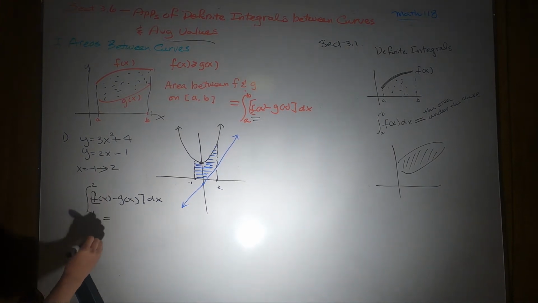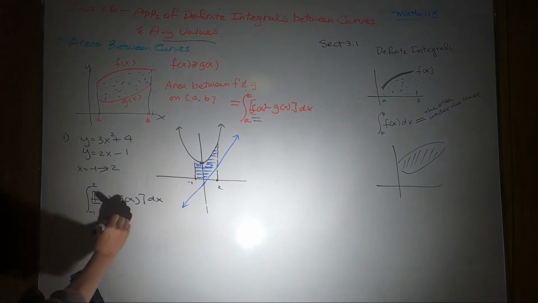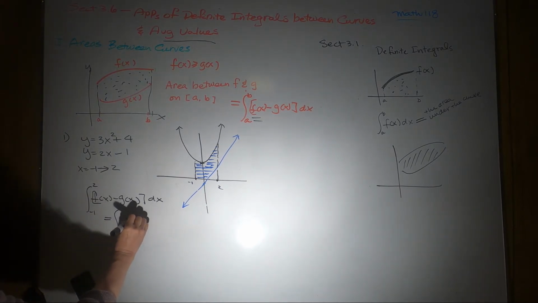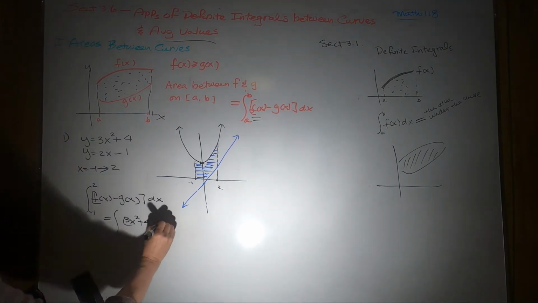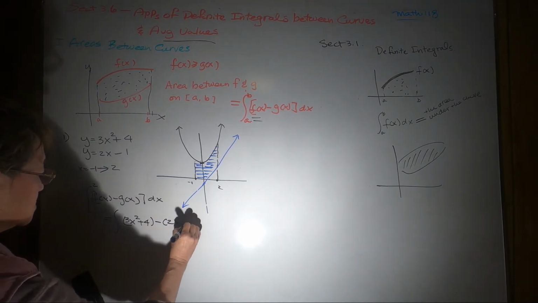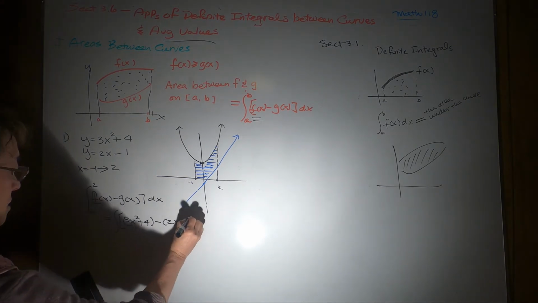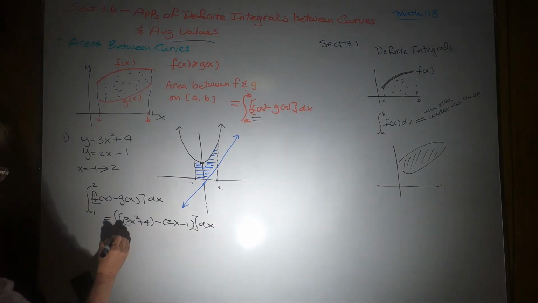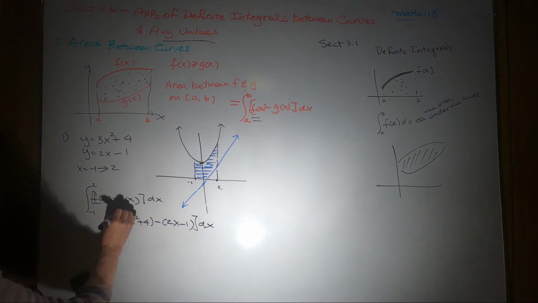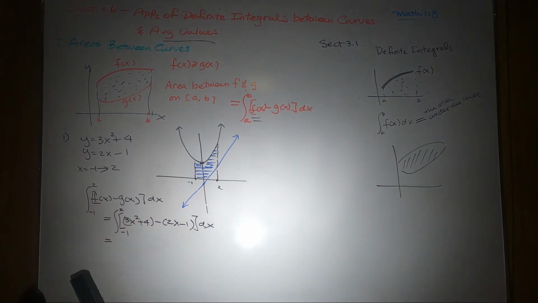So we plug in f of x, which is 3x squared plus 4, minus 2x plus minus 1, dx from -1 to 2, right?